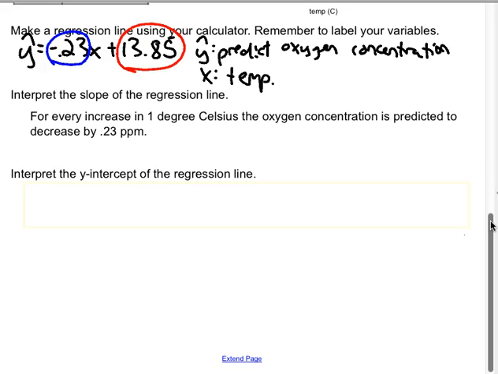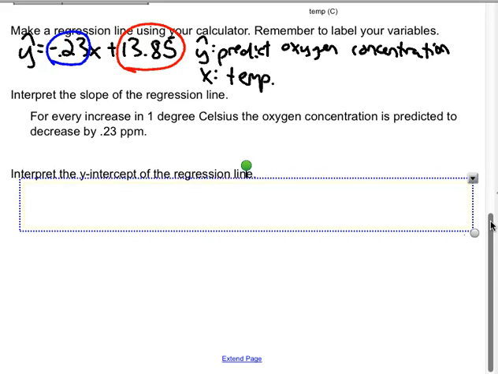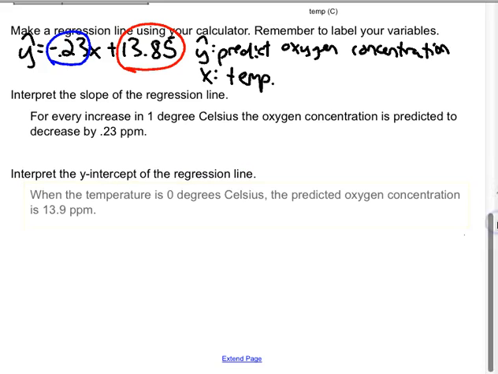So what is that saying? At 0 degrees Celsius, the oxygen concentration is predicted to be 13.85, or 13.9, sorry, I rounded it in there. Knowing those two things is going to be really important as we work through the rest of this section, which is why you star it up top.